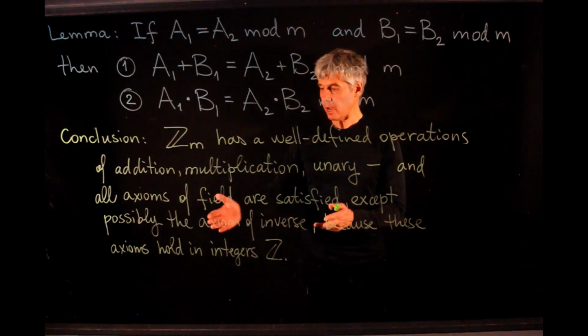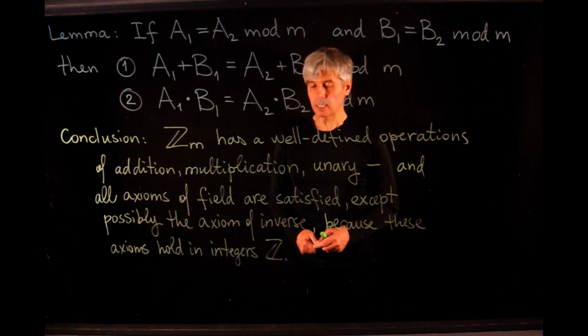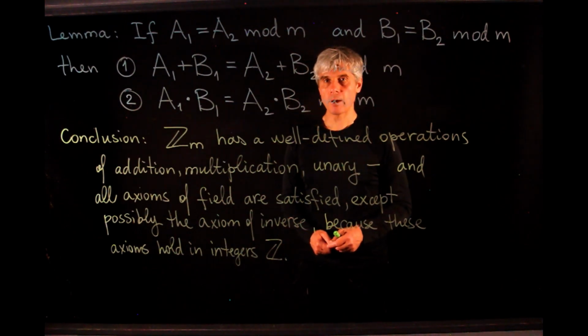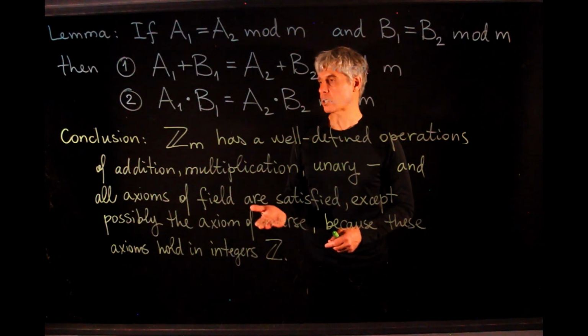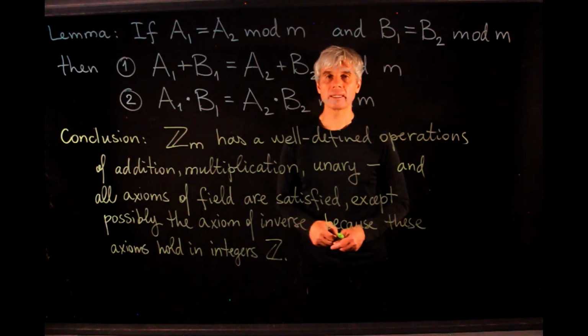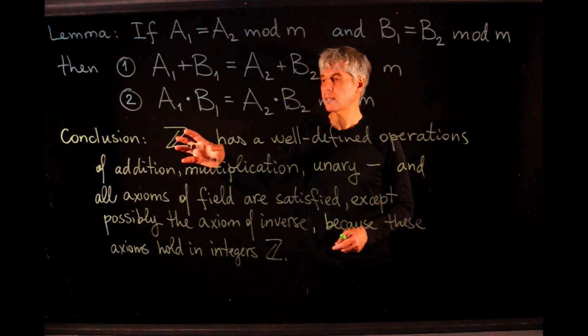And so now the inverse is the sticky part, right? So we have to figure out when the axiom of inverse holds in Zm. In other words, we need to verify when Zm is a field. So here is our main theorem.